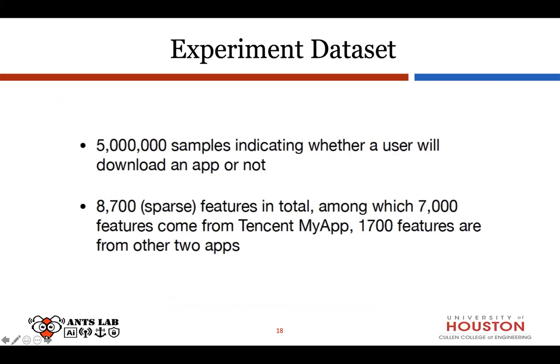The dataset contains 8,700 features in total, among which 7,000 features come from Tencent My App, and the other features are from another 2 apps. This is the dataset setting.